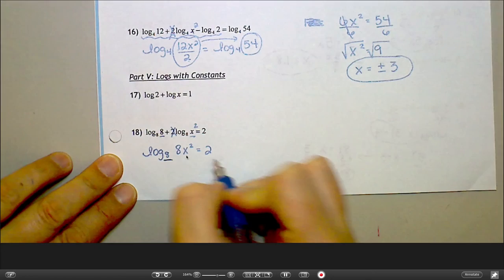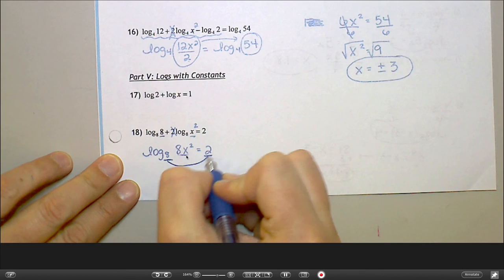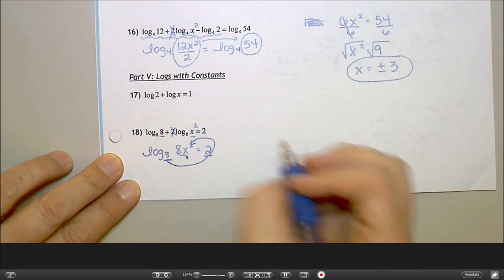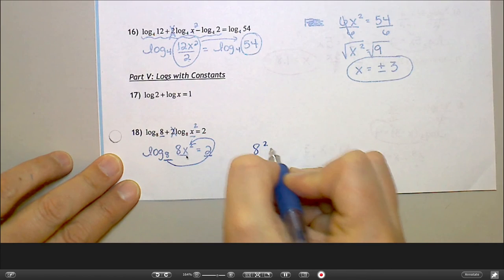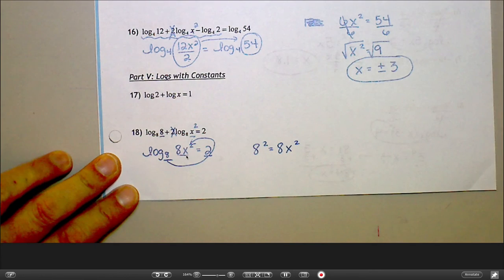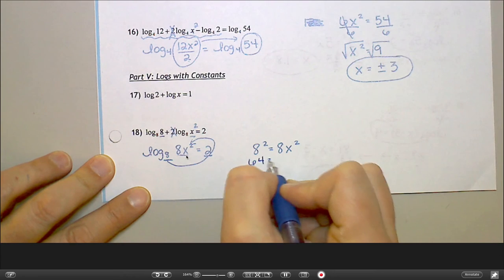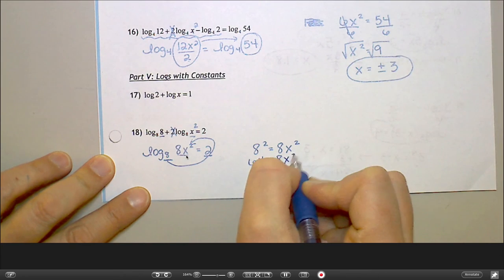So I'm going to write it as 8 to the power of 2 equals 8x squared. Well, what is 8 to the power of 2? 64, right? So 64 equals 8x squared.